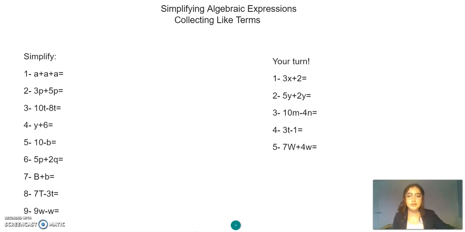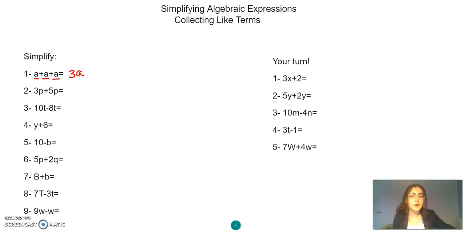So in this little example here, we have A plus A plus A. So we have three lots of A. Because A is used throughout, that is our like term, so it means that we can add this together. So we have three lots of A, and it gives us 3A.